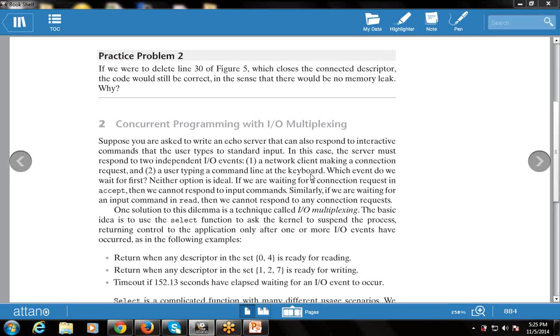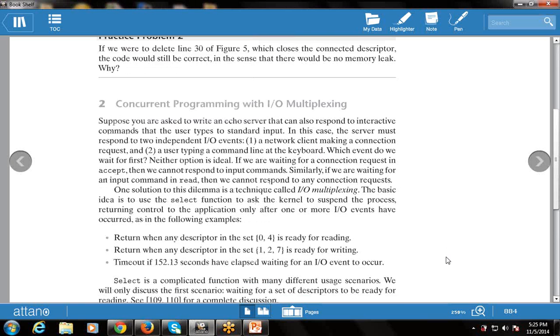Return when any descriptor in the set {0, 4} is ready for reading. Return when any descriptor in the set {1, 7} is ready for writing. Time out if 152.13 seconds have elapsed waiting for an input-output event to occur. So these are various examples of how input-output events can be controlled in an application.